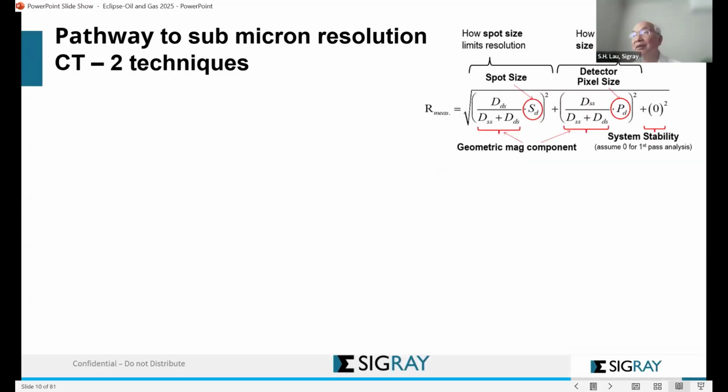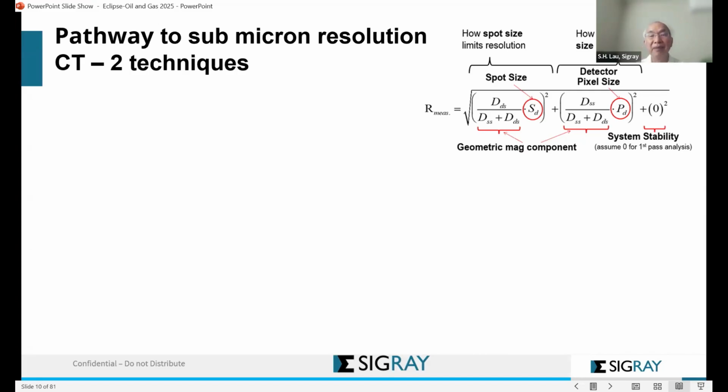So therefore, now we ask a question. You have a problem, and your problem is that your sample has very small features. If you are dealing with shale, tight sands, or carbonates, you will need to have submicron resolution.